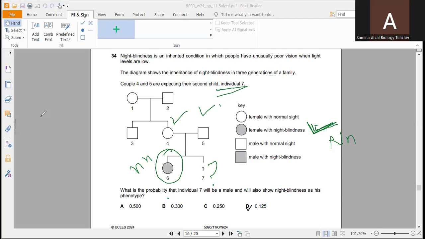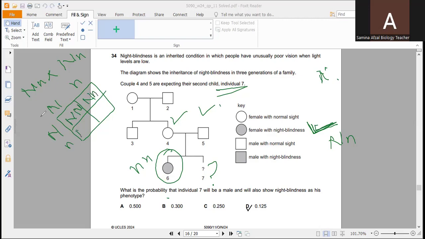So we can make a Punnett square for this. Individuals 4 and 5 are both carriers, so we make a Punnett square here.